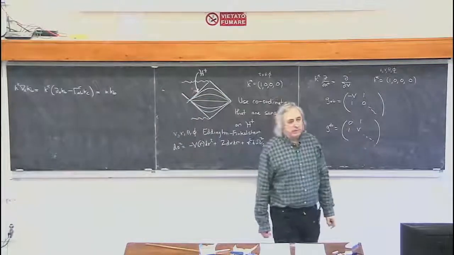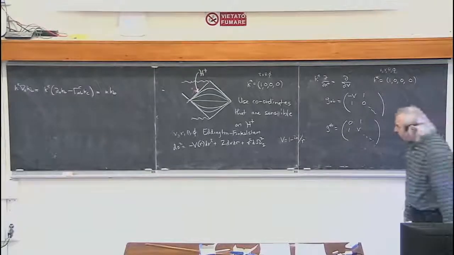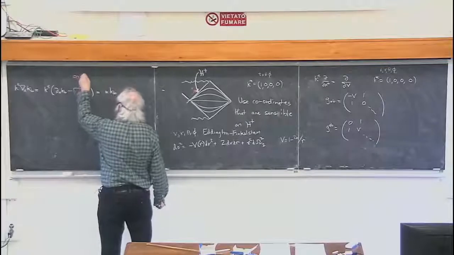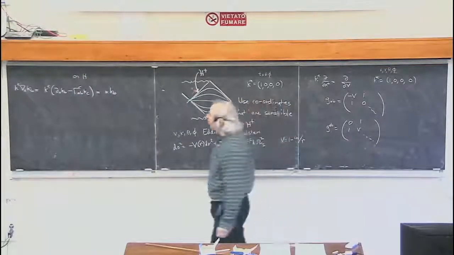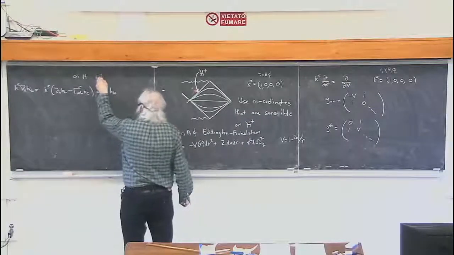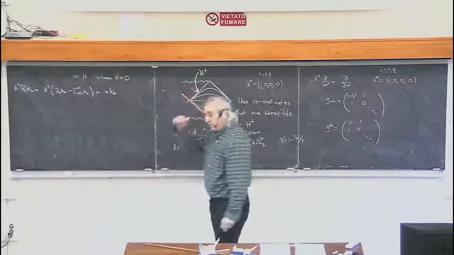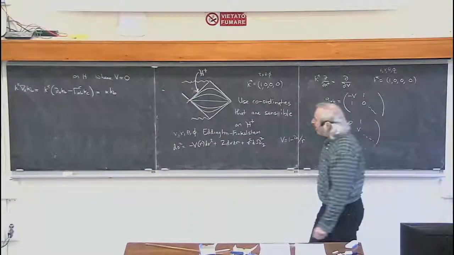Most of this will disappear. We're only interested in what this is on the horizon, so we want to evaluate this on h. Notice that v is equal to 0 on h. It's the fact that v is equal to 0 that will give you trouble unless you do things this way.